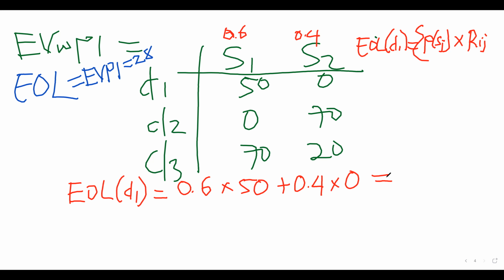What do you get if you do that? It's a very, very simple answer. If you are working it with me, that will give you a value of 30. Can you do it for the others? Calculate the expected opportunity loss for D2.